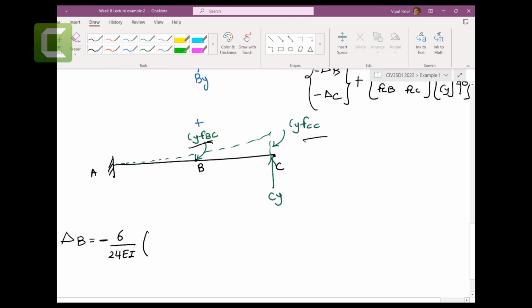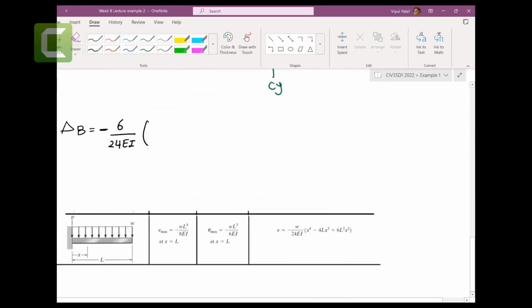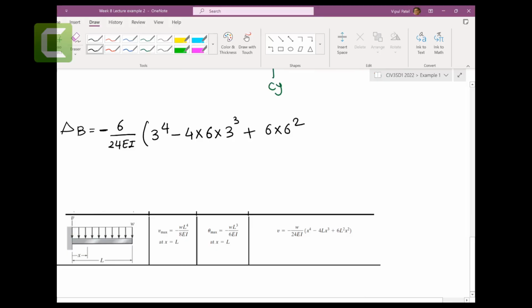The distance we need to find is at 3 meters. Is it 6 or 3? Let me check the question. It's at 3 meters, so this is not 6. That is 3 meters and 3 meters. So in here we can put 3 to the power 4, take away 4 times L, which is 6, times 3 cubed, plus 6 squared times 3 squared.